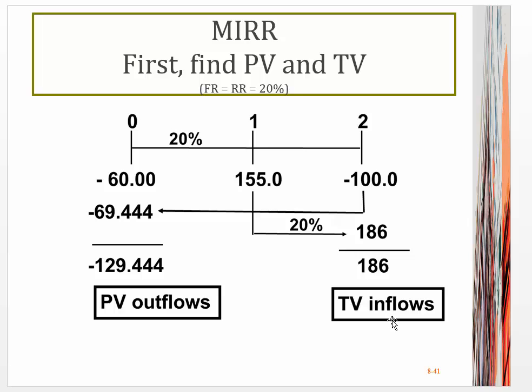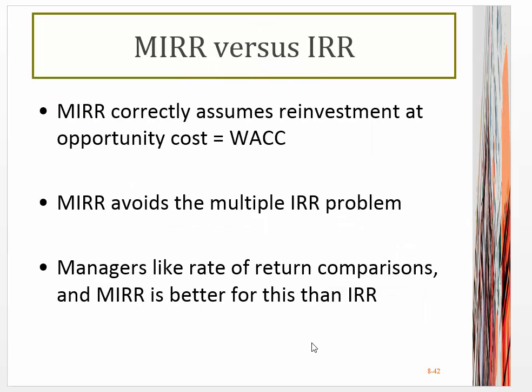So in the end, the way the technique works, it looks at the investment as a present value investment. It looks at the reinvested cash flows over time, being the time value of the inflows, or the future value. In this case, it would be n equals 2. Then you just solve a very simple time value question for the problem.